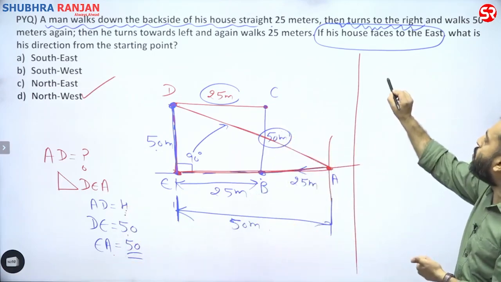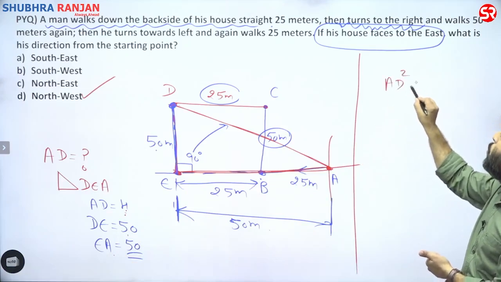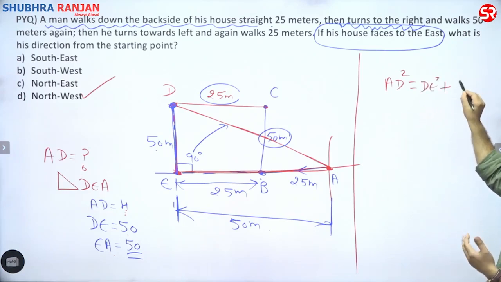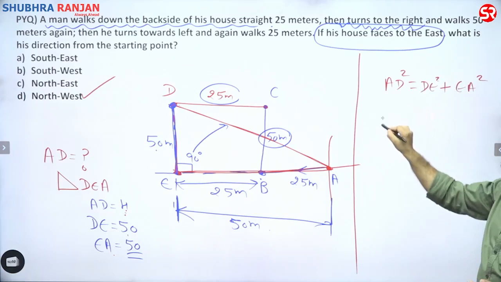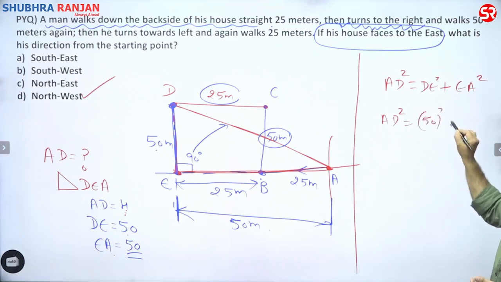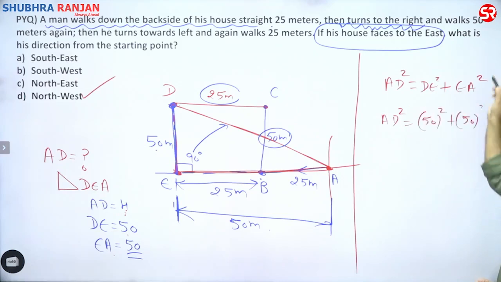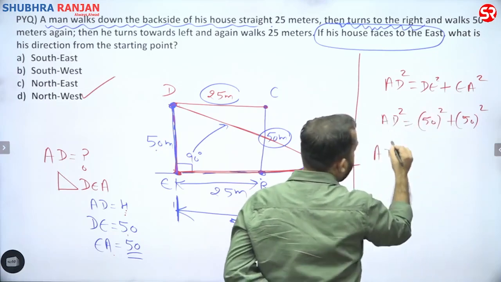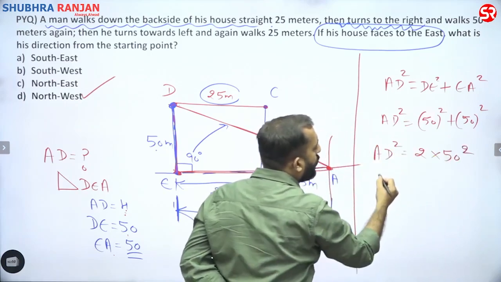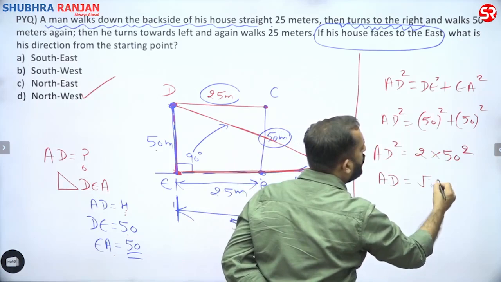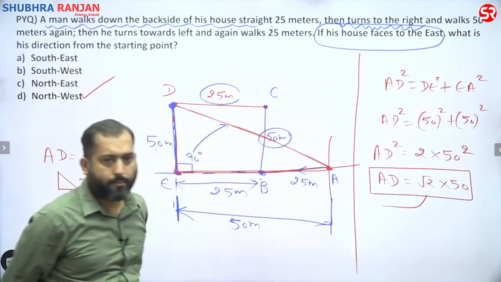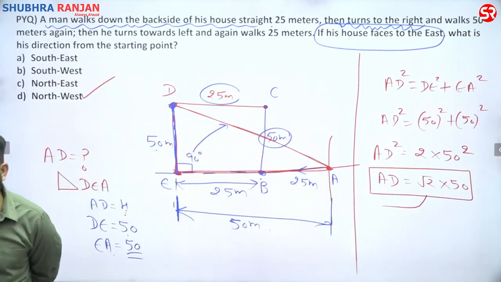We know hypotenuse square, that is AD square, will be equal to the sum of the squares of the two other sides, so DE square plus EA square. So AD square will come out to be equal to 50 square plus 50 square, since DE was 50 and EA was 50. So AD square comes out to be equal to 2 into 50 square. Now taking square root on both sides, AD will come out to be equal to root 2 into 50. Clear?